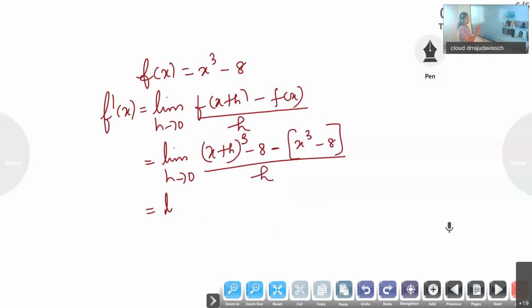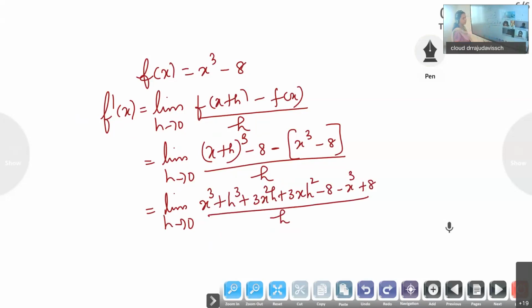What is x plus h the whole cube? So x cube plus h cube plus 3x square h plus 3x h square minus 8 minus x cube, minus of minus is plus 8, by h.